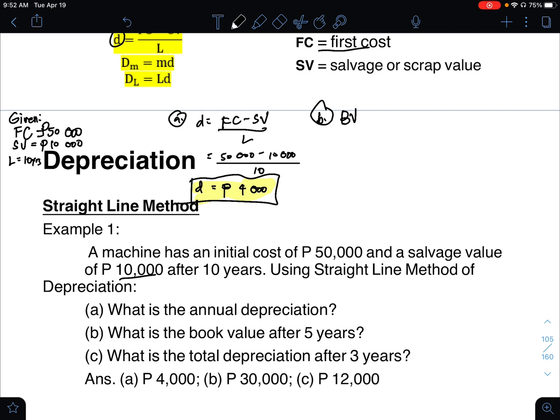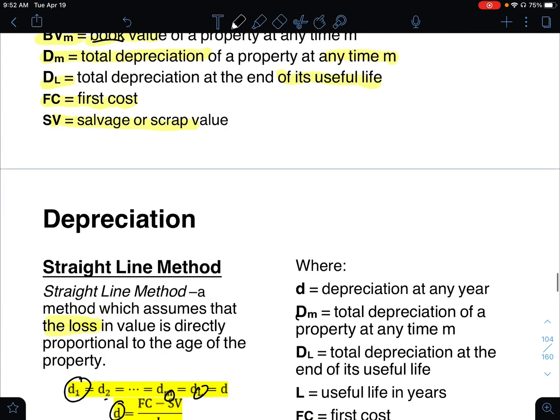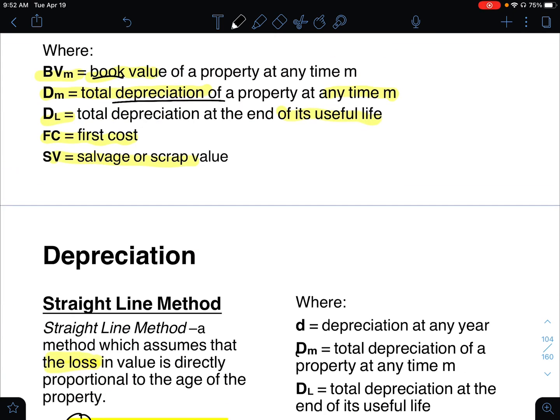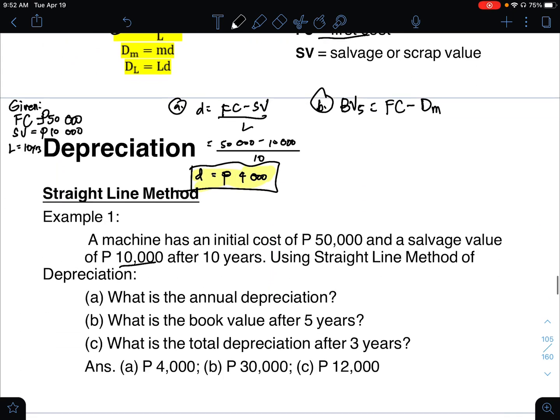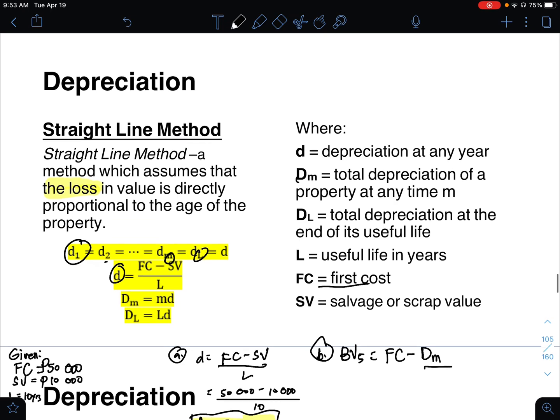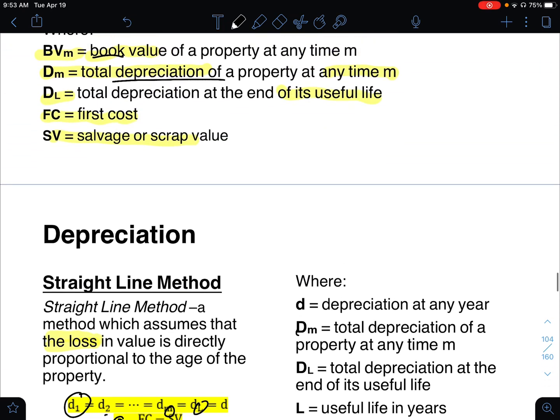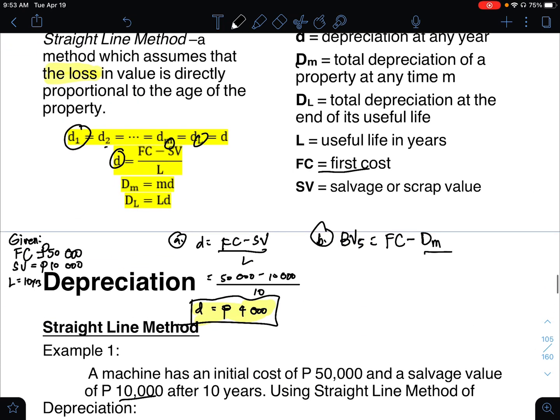BVM, so after 5 years, so BV at 5 years is equal to FC, the first cost, minus DM, and ang DM nato again is the total depreciation of a property at any time. So, class, wala ta kabalo unsa si DM, right? DM is still not yet known. Wala ta kabalo sa total depreciation of the property at M. So, pangitaon sa nato si DM, no?